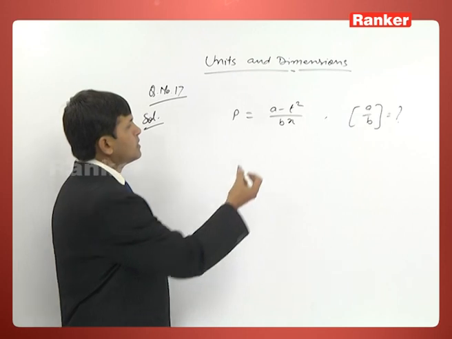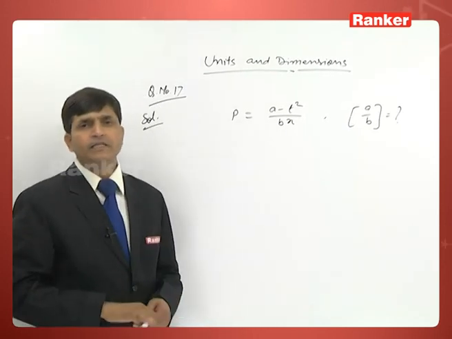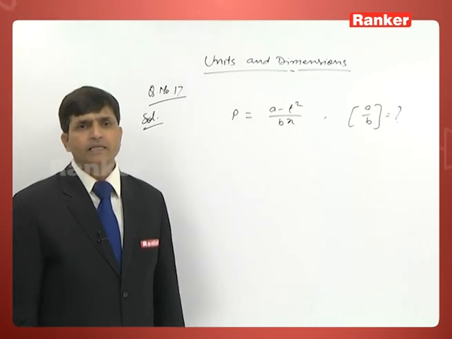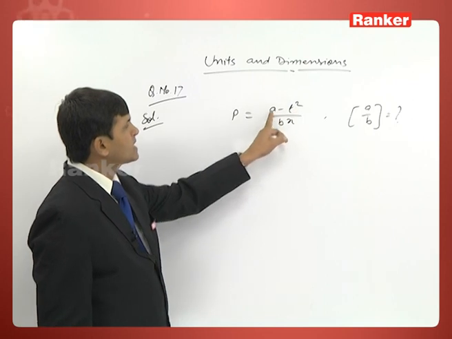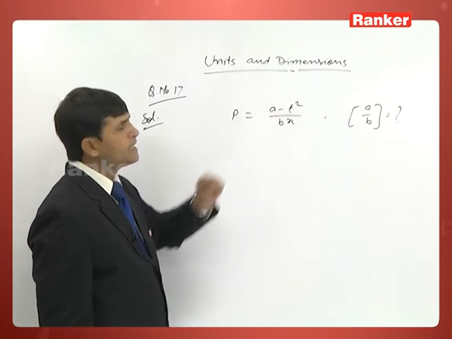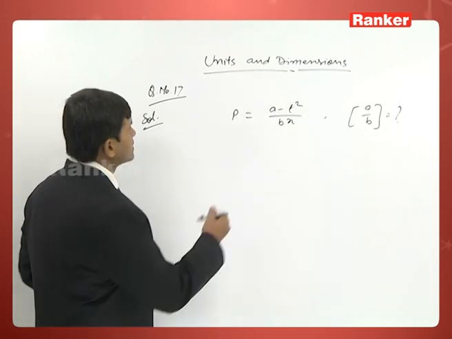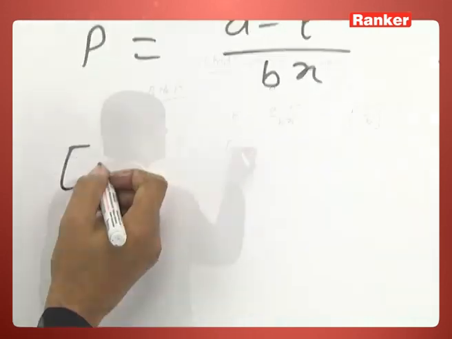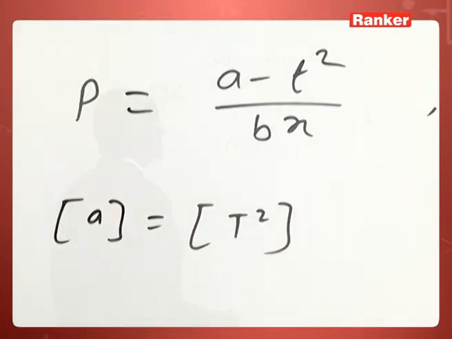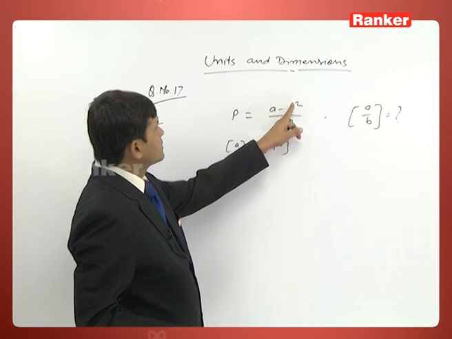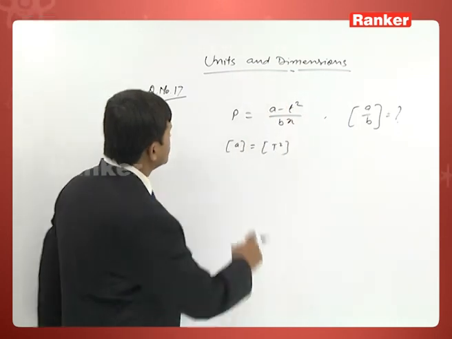First of all, two quantities can be added or subtracted only when the two are dimensionally the same. So if we are subtracting time from A, then A must have the dimension of time. So the dimension of A will be T square.